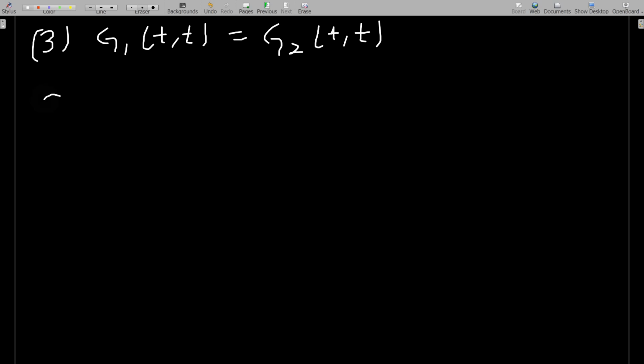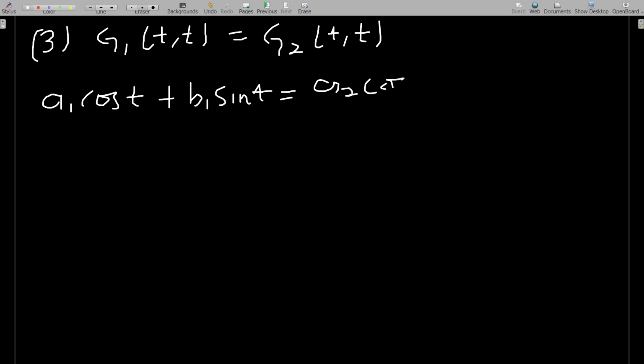Then that is a1 cos t plus b1 sine t, and this should be equal to a2 cos t plus b2 sine t.